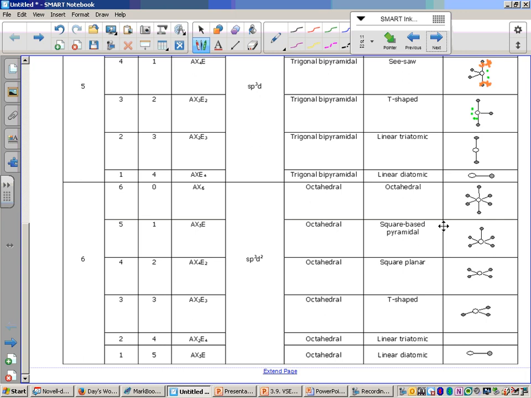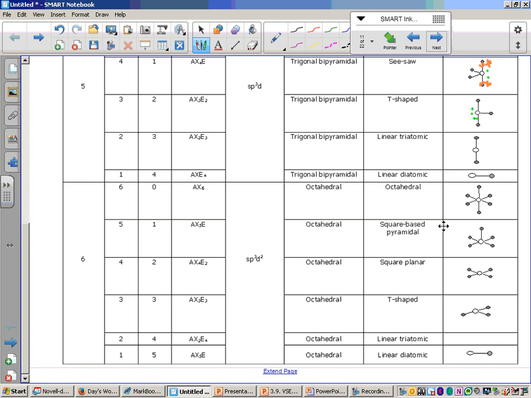Now, at this point, I said, this is the only time you've got to worry about where to put the electrons. The second pair of lone pairs for the sp3d2 has to go in a certain spot. You can see the page to see where it goes.